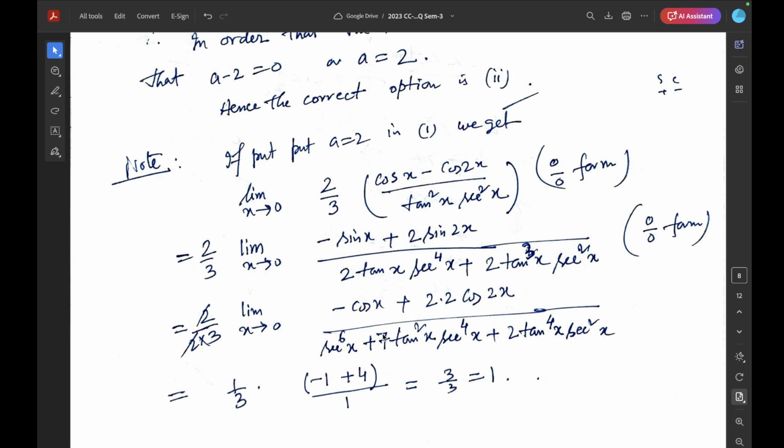After simplifying we get minus cos x plus 2 into 2 cos 2x whole divided by 6 sec square x and so on. So cos 0 is 1, and we get the final limit answer as 1. If you find any mistake or wrong calculation, you must inform.